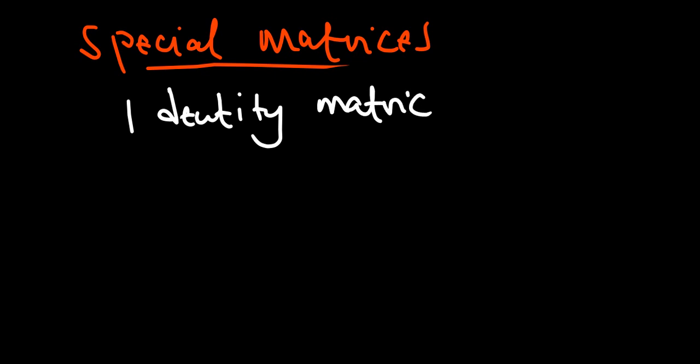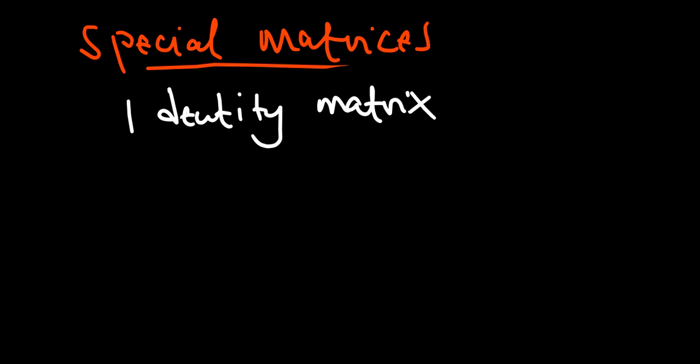So, identity matrix like that. What is an identity matrix? An identity matrix is a matrix whose diagonal entries are all ones.